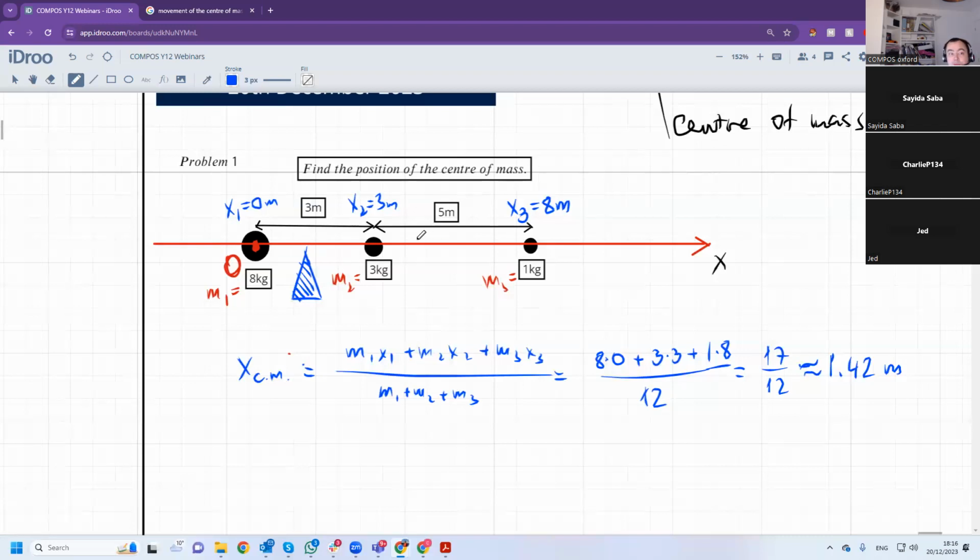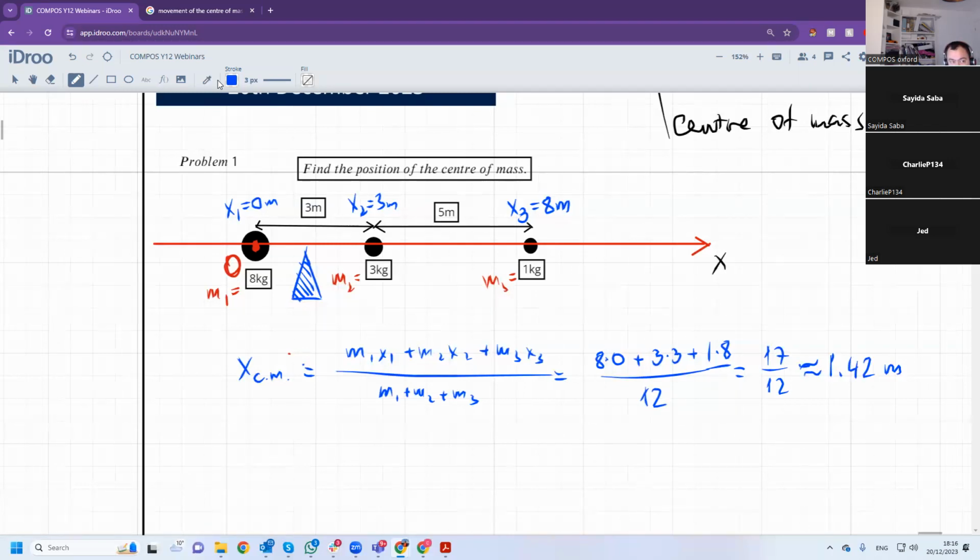Of course, there's no rigid rod, but if there was a light rigid rod connecting them, this is where it would balance. It has to be light, because otherwise the piece of rod on the right hand side would overcome the mass.